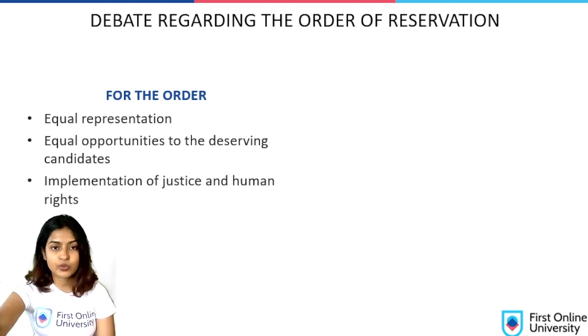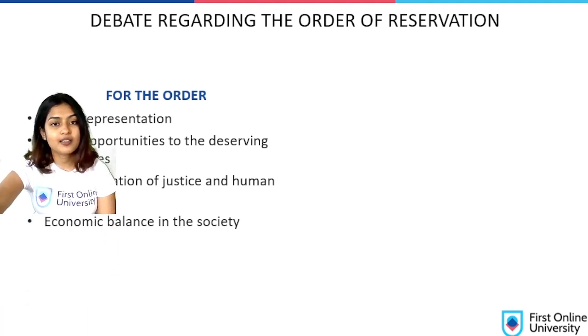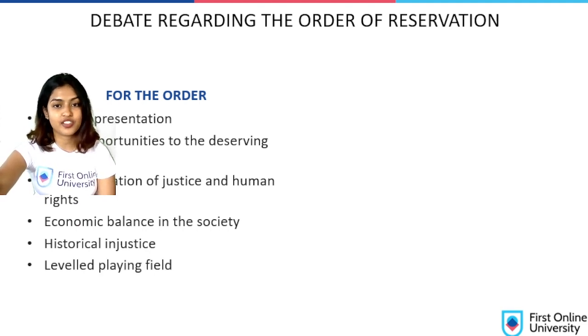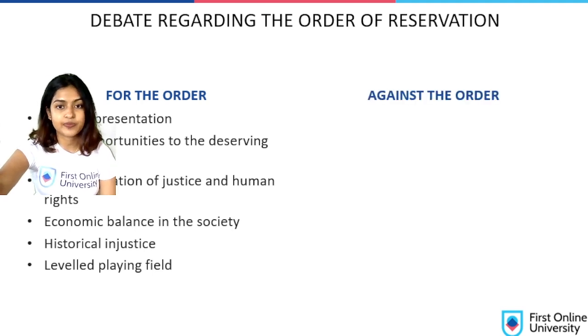Implementation of justice and human rights. Getting an economic balance in society. Historical injustice is being undone through reservation. And definitely you have a level playing field. Nobody is inferior, nobody is superior, everybody is on the same ground.